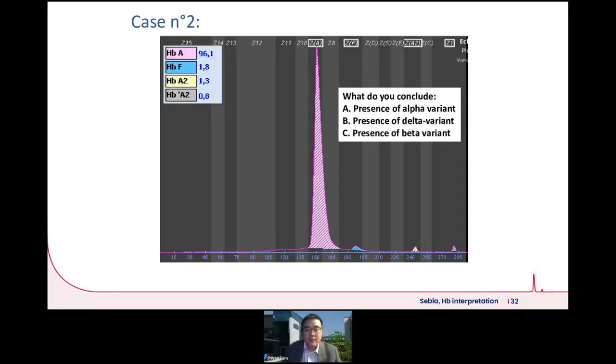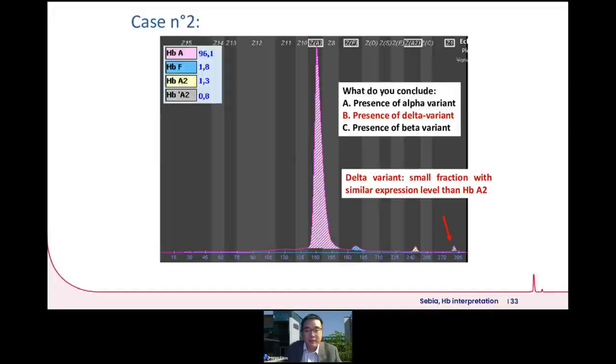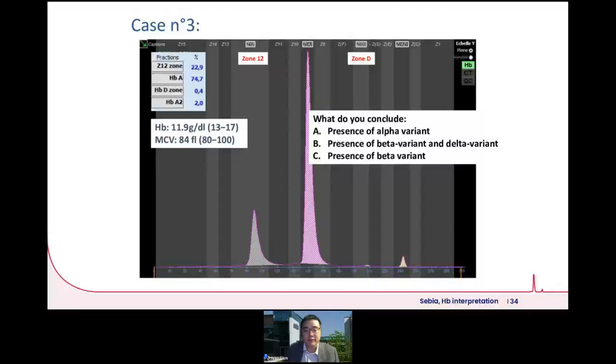All right. This is very likely the condition of a delta variant. So if you were to combine the two, hemoglobin A2 and the variant delta peak, it will be about 2.1%, so it still falls within a very normal range of hemoglobin A2. The true hemoglobin A2 values are relatively normal.